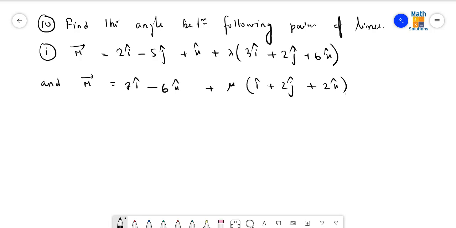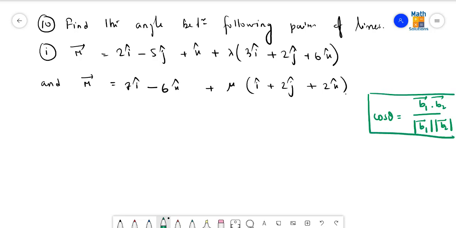So we have to find out the angle between these pairs of lines. The formula is cos theta is equal to vector b1 dot vector b2 divided by modulus of vector b1 into modulus of vector b2. Using this formula we can get the angle.